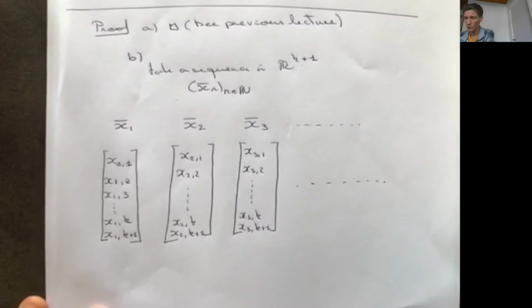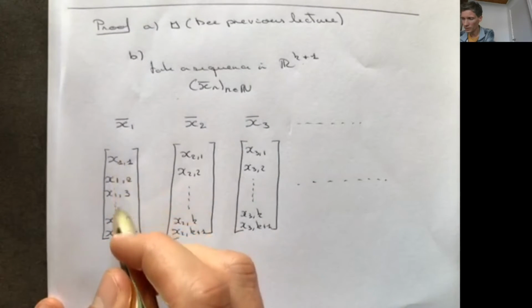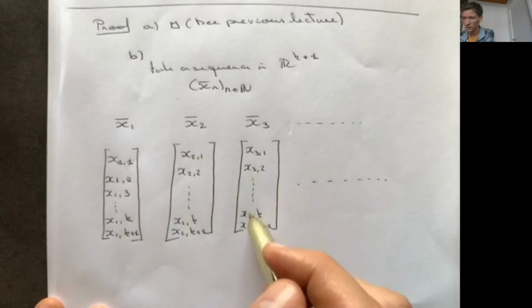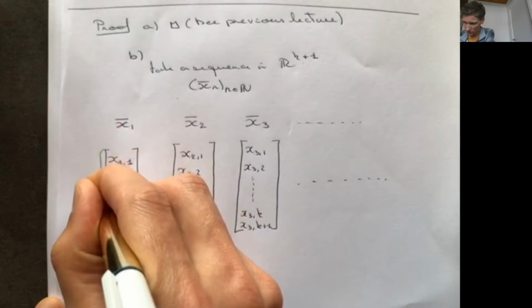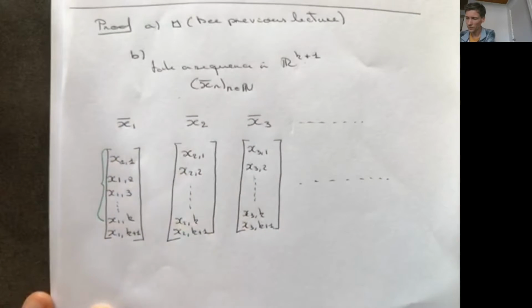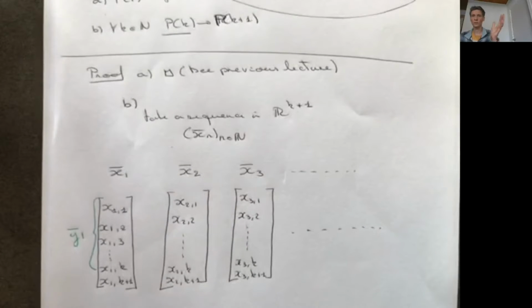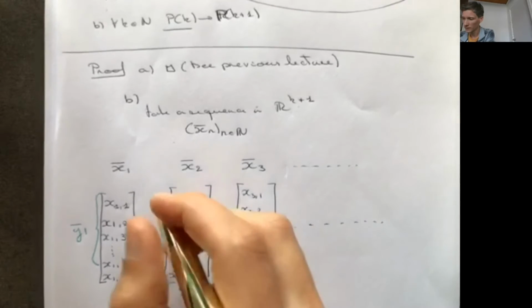So what we're going to do is the following. We're going to take the first k elements in every vector, which are of dimension k, and then we're going to look at the last element in every vector. Let's take the first k elements in this vector and call this the vector y1. So we have a vector of k+1 elements, we leave out the last one, and the first k elements form a new vector, which we call y1.